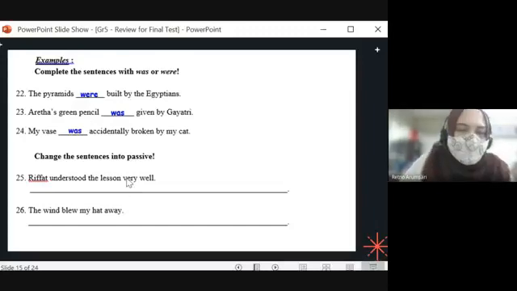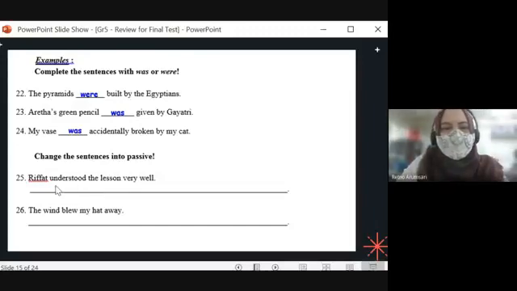Look at the verb. Understood. What verb is that? Is it a verb one? Yeah, understood is a verb two.